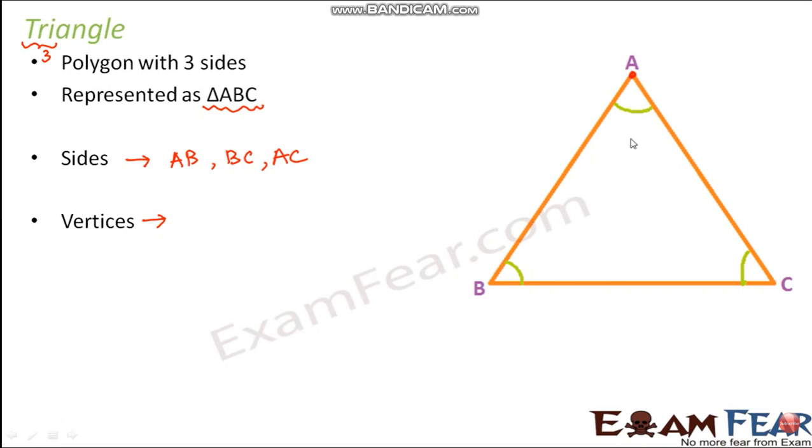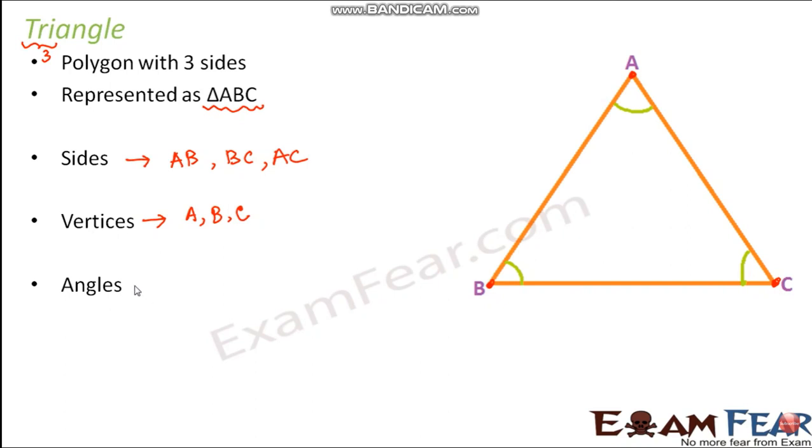For example, point A is a vertex, BA and CA meet at A. Similarly AB and CB meet at B. There are three vertices: A, B and C.